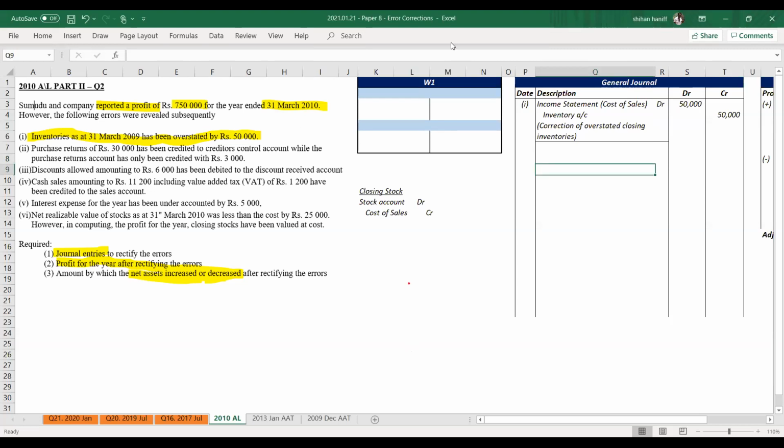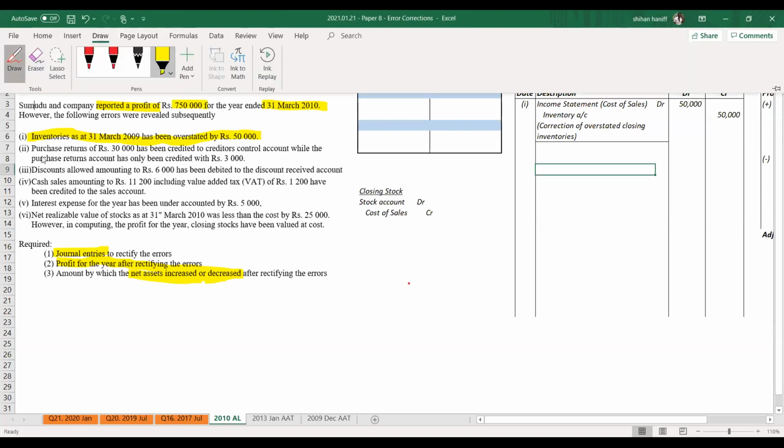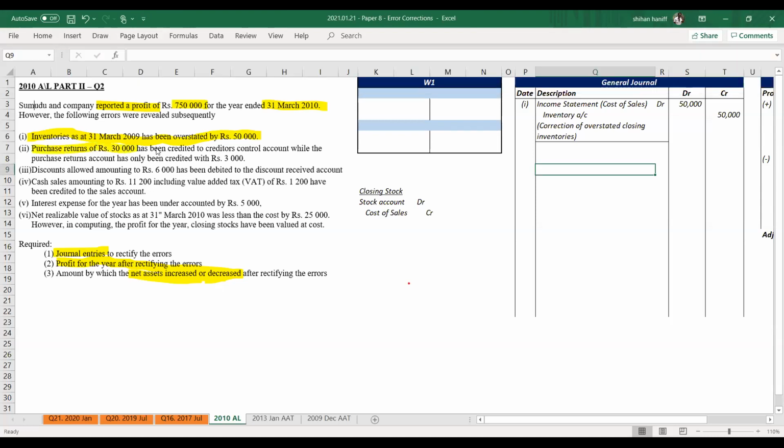So the next question. Next one, number 2. A purchase return of 30,000 has been credited to the creditors control account while the purchase return account has only been credited with 3,000. Okay, so I will do a working for this.